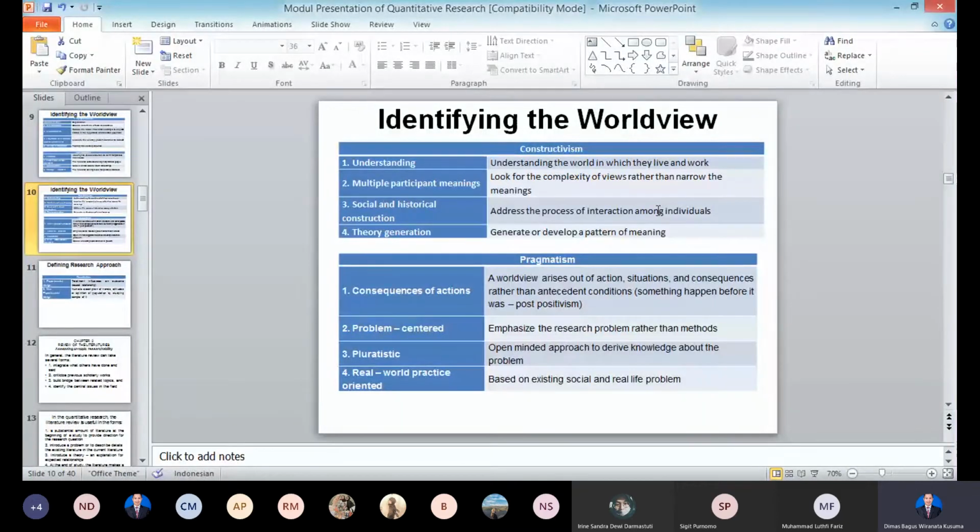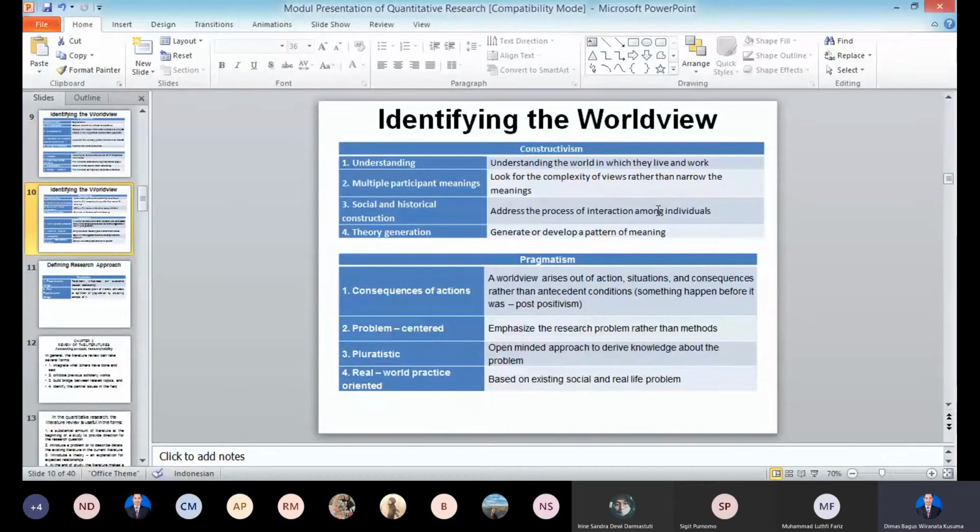And after that, you take multiple participant meanings. So you look for the complexity of views rather than narrow meaning. So you try to get views by taking interviews and focus group discussions from many parts of the people or groups, in order to get broader views about the problems.